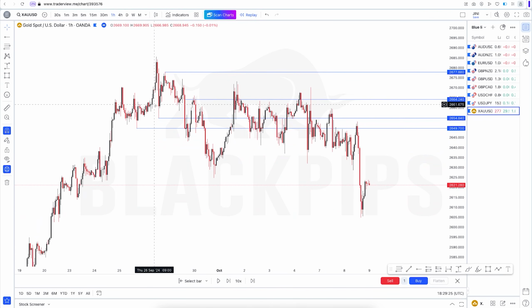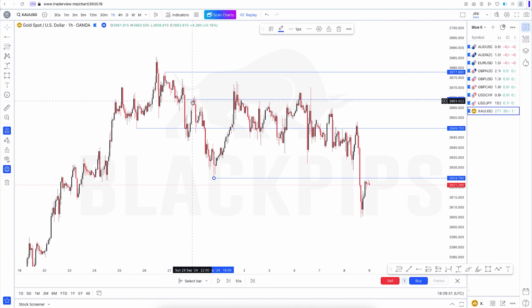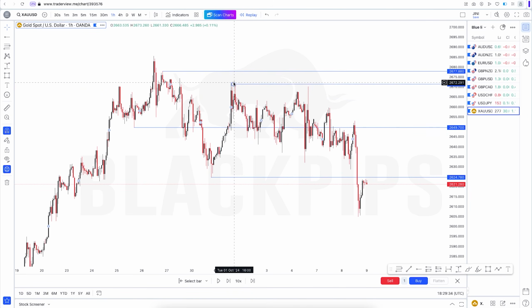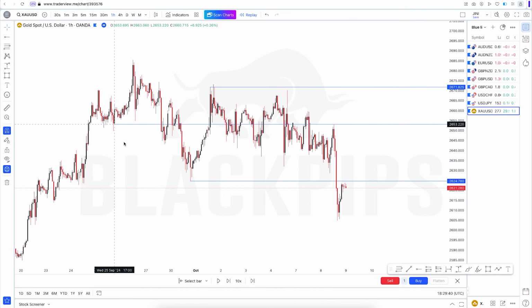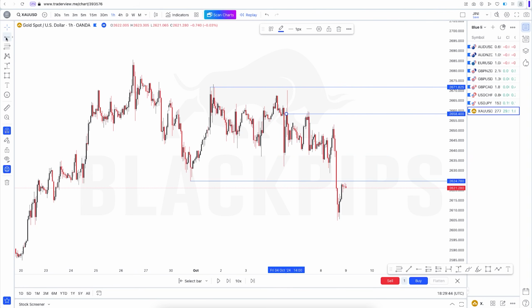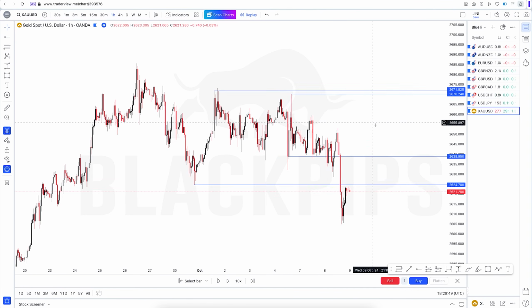As we know that this was the change of character and this was the break of market structure. So after having this break of market structure, I knew that the market will come to this level and sells below. So what I did is that I had this inside formation which has this structure here, which is also the very good setup for me.